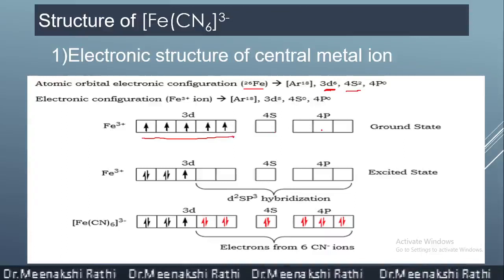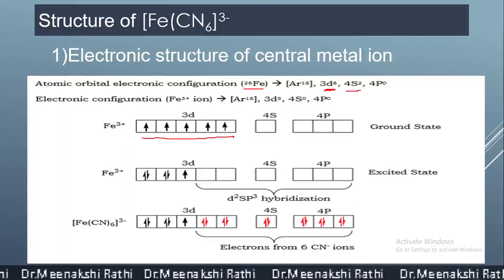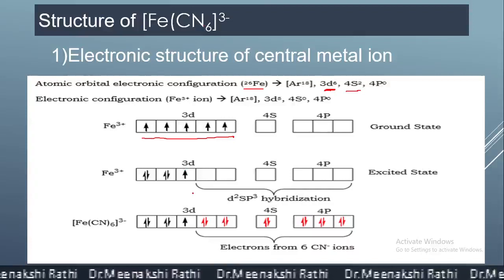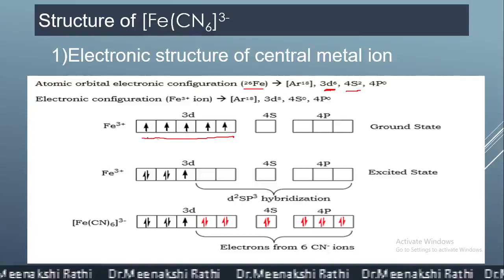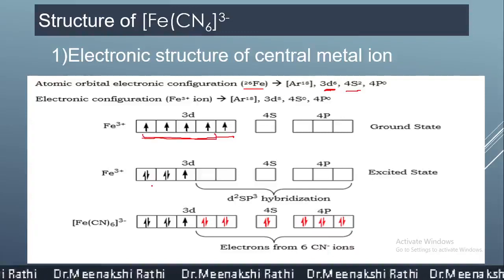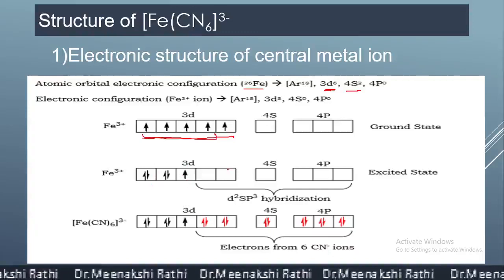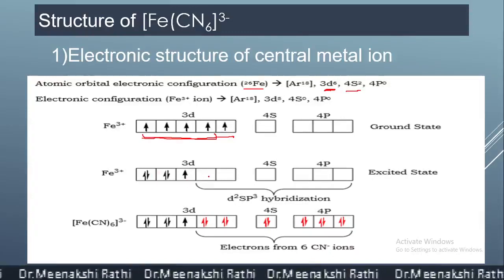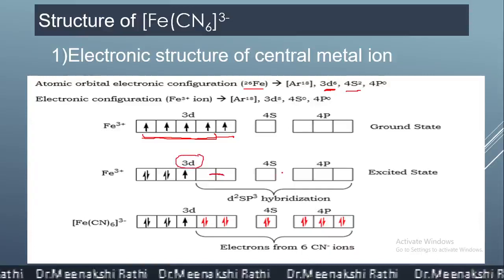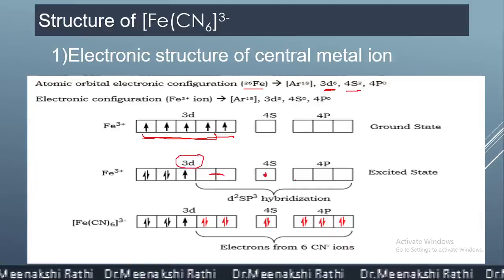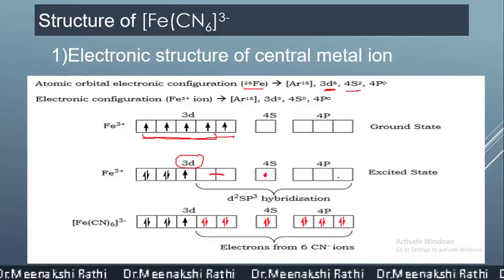As I already told you, cyanide is a stronger ligand, so it provides pairing up energy, and out of these 5 electrons, 4 electrons get paired and 1 electron remains unpaired. It utilizes 2 d orbitals from the 3d level, 1 s orbital of 4s and 3 p orbitals, and undergoes d2sp3 hybridization.